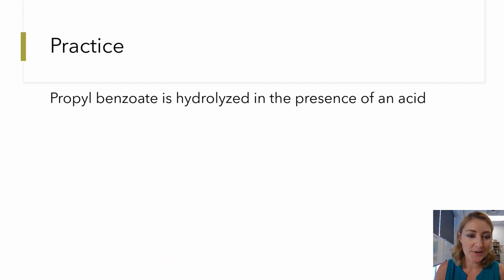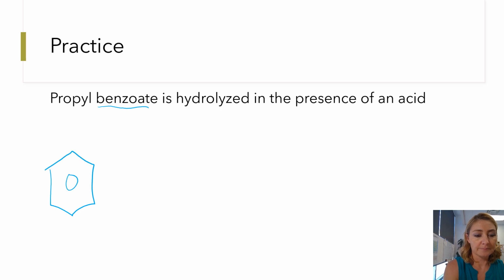Practice with a word equation. We have propyl benzoate is hydrolyzed in the presence of an acid. Okay, so propyl benzoate, that tells us that we started with benzoic acid, so we have an aromatic. Okay, so that is a benzene ring with an ester coming off.